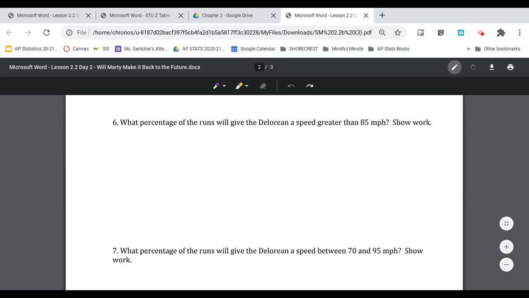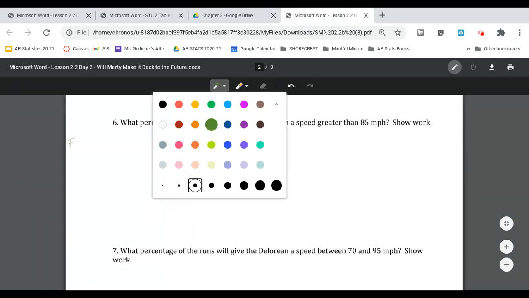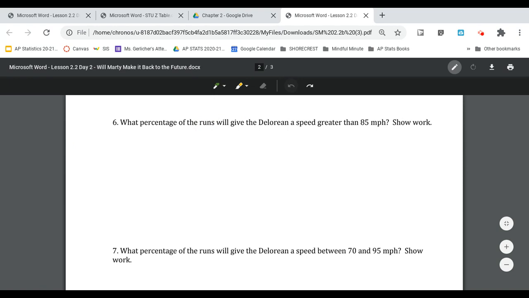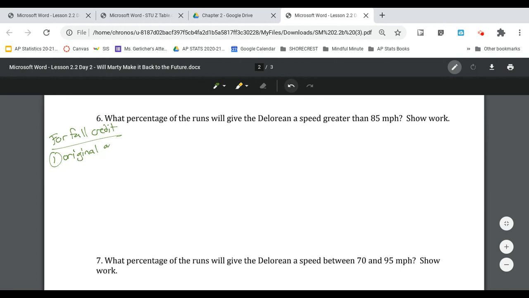Okay, so first I think it's worth writing down what you need to have on a free response problem in order to get full credit for these type of problems. So let me make that darker. For full credit, you need to have your original and standardized picture.